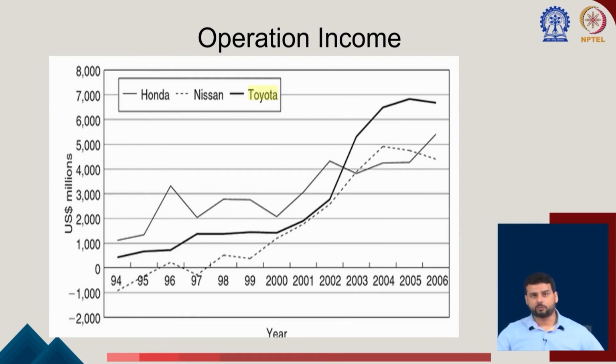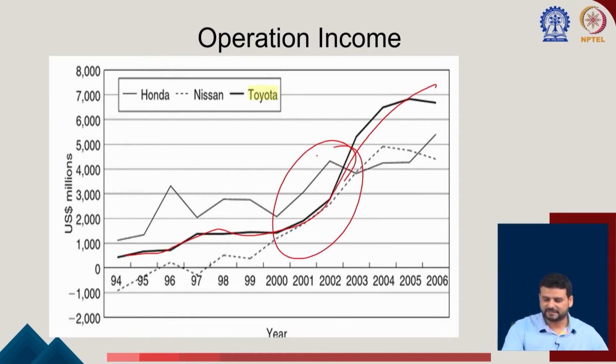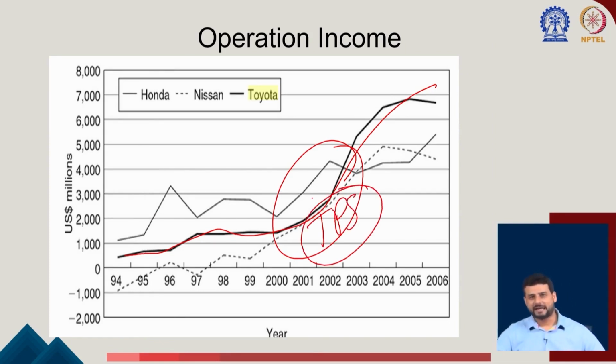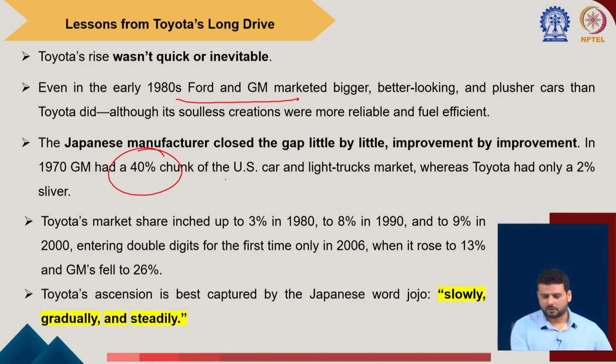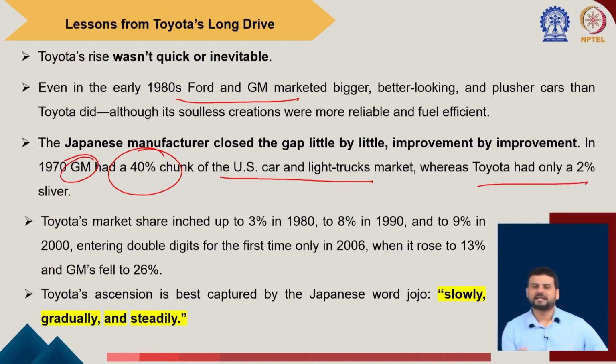And if you talk about operating income, this is how they have improved, you see. And this is the era when they implemented the Toyota production system, house of quality, right. And now you see some figures are given here. Earlier in the US market, Ford and GM, General Motors, were capturing the whole market, and it is quite obvious that GM was carrying a 40% chunk of the US car and light trucks market, but Toyota was carrying only 2%.